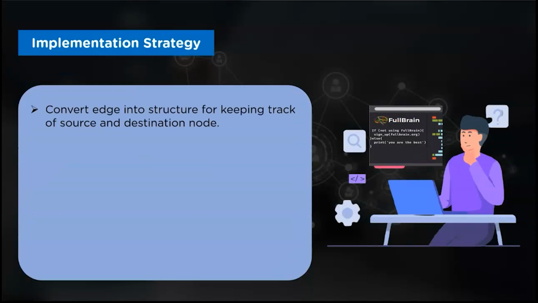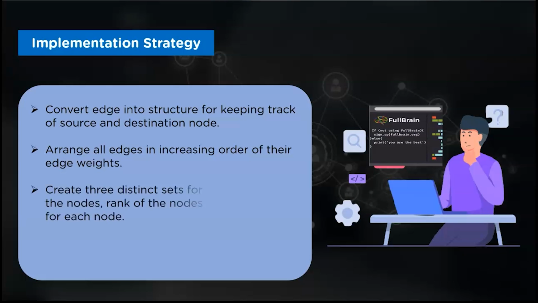While implementing Kruskal's algorithm, primarily we'll generate a C structure for keeping track of the source and destination node along with its weight. After that, we'll sort all the edges of a graph in increasing order of their edge weights. Moving ahead, we'll create three distinct sets to maintain nodes of a graph, their hierarchy in the tree, and corresponding ranks for every node.